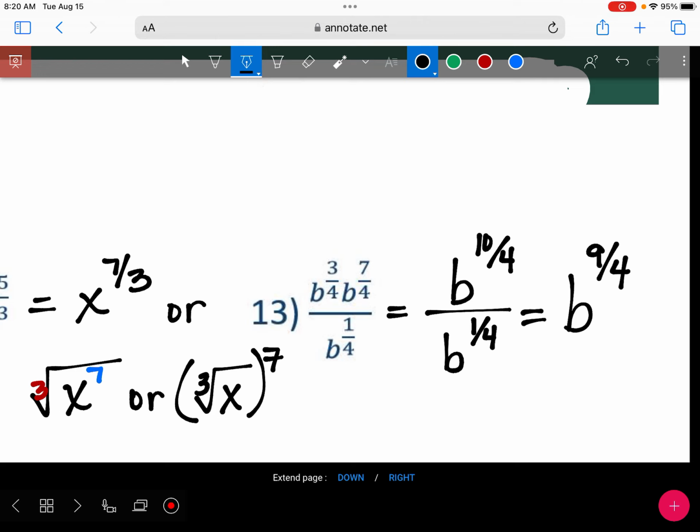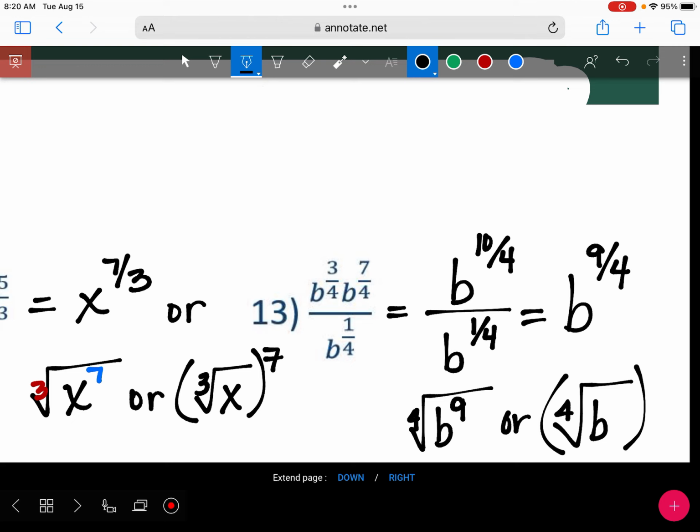Which again can be written anytime your exponent is a fraction. You can also write that with a radical. So that would be the 4th root of b. That's what that means. Your denominator is your root. So that's the 4th root of b, and the exponent is 9. You can also write that as the 4th root of b and put that 9 on the outside.